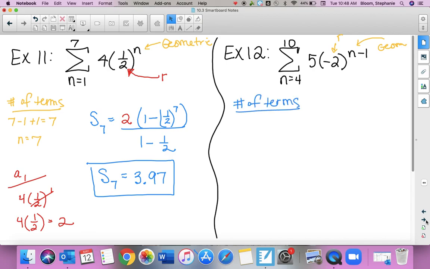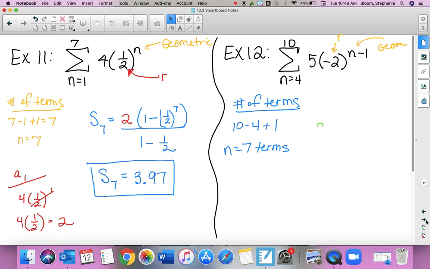This time, we are not starting at the first term, so I can't just look at the top number and say 10 terms. It doesn't work like that. So I have to do top minus bottom and then add 1. So this time, I have 7 terms that we're wanting to find. The sum of 7 terms, okay?